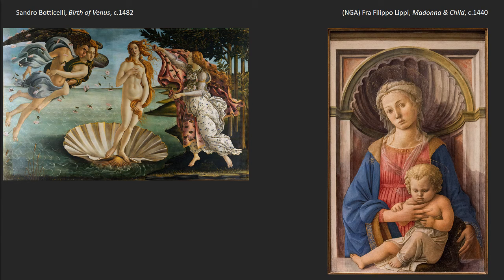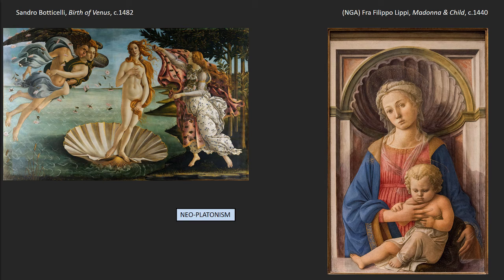That there is a connection philosophically, not theologically, but philosophically, between Venus and Mary. And Lippi's coming at it from one direction, Botticelli from the other direction, right? And again, Neoplatonism made this all obvious to anyone.